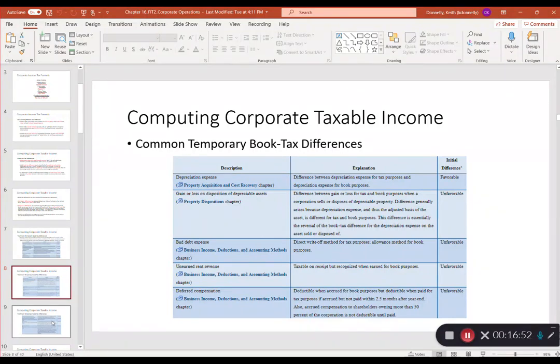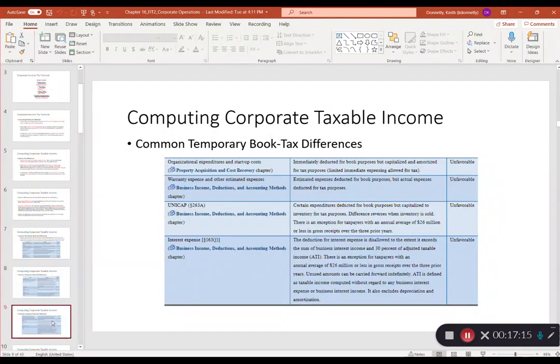For books, you could use the allowance method, so you have to make that adjustment, right? Unearned rent revenue. So for tax law, for example, when you receive rent in advance, that's taxable income. On your books, if you remember in 281, it's just like unearned income that you slowly reverse out over time.